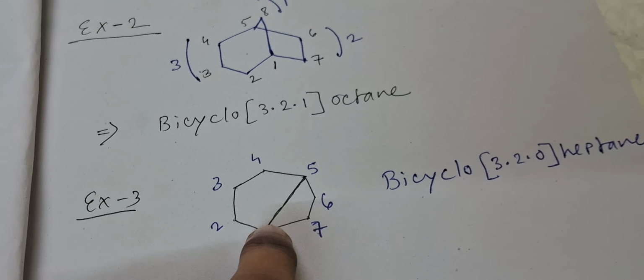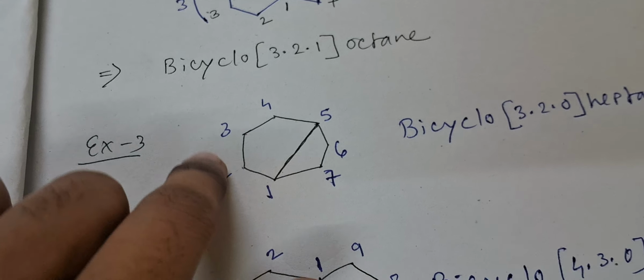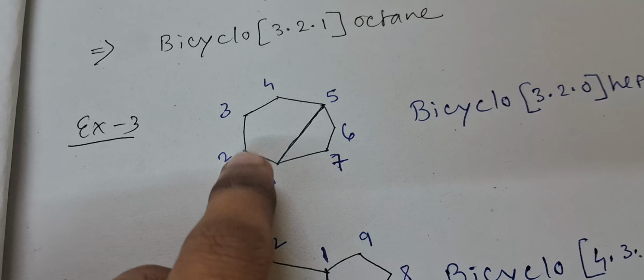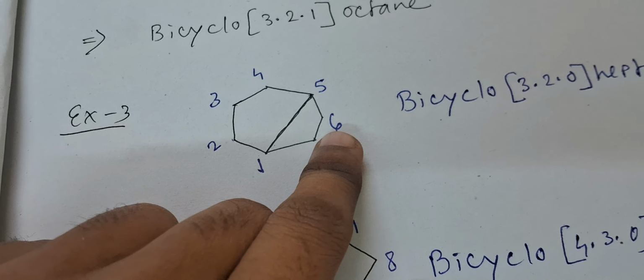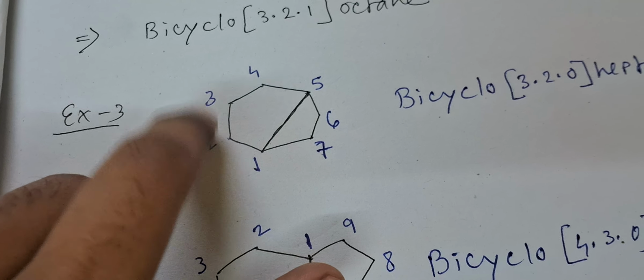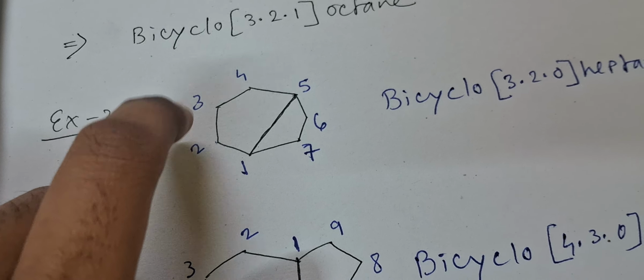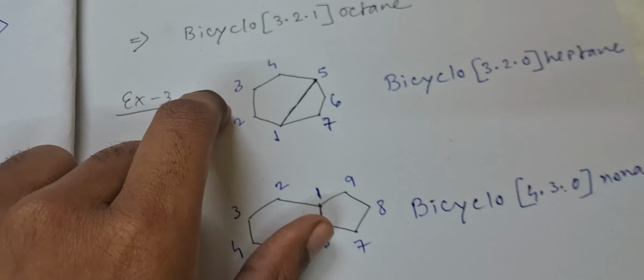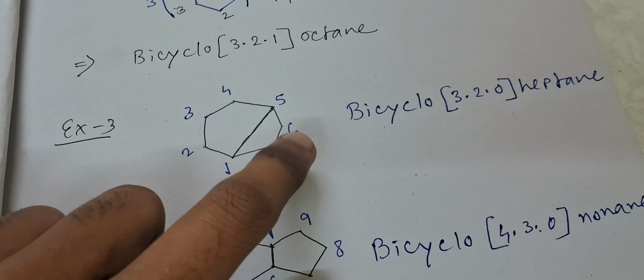Here 1 and 5th are connected via sigma bond, and in the left side there are 3 carbon atoms. You can see 2, 3, 4, 3 carbon atoms. On the right side only 2 carbon atoms are present between the 1 and 5th. So you need to consider the left side, not the right side, because left side has higher number of atoms between the bridgehead centers, while right side has lesser number.